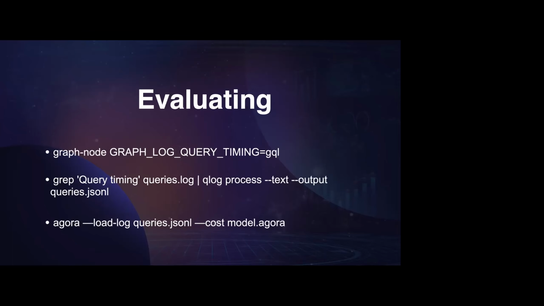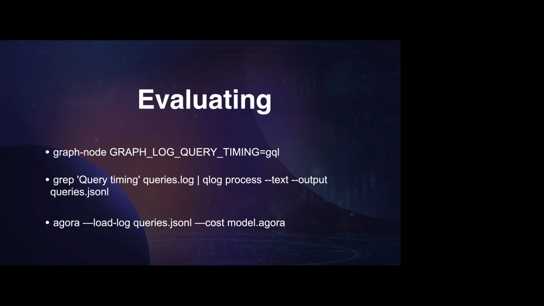So in order to evaluate your cost model, what you're going to do is first to save some set of queries that you want to evaluate. And the way that you can do that is by setting the graph log query timing environment variable to the value GQL, and that's going to start saving some queries to your logs.